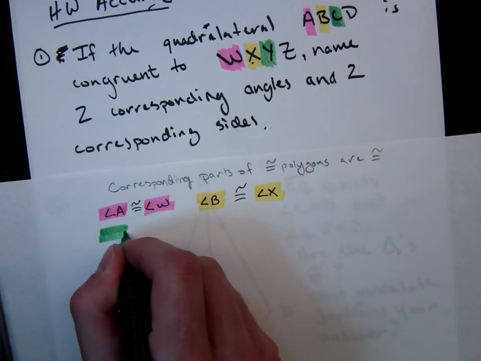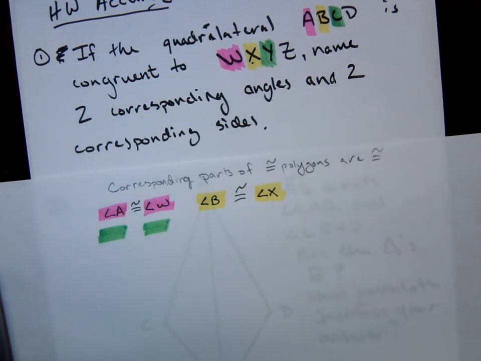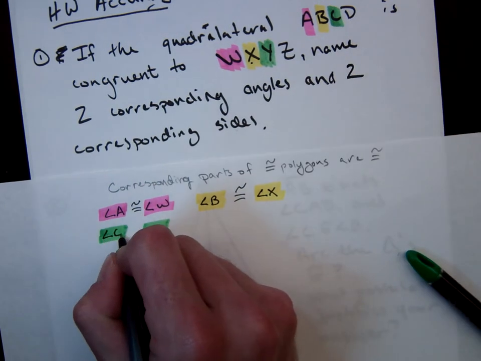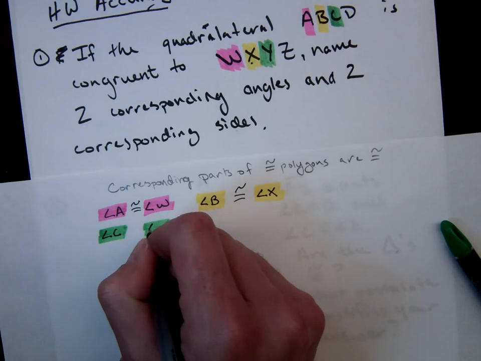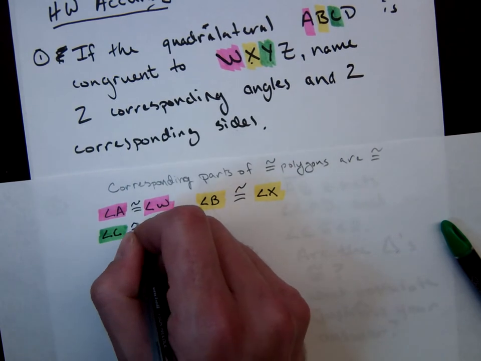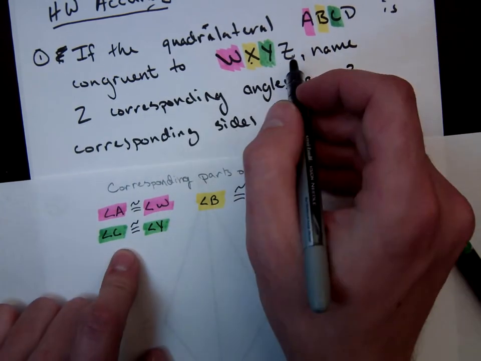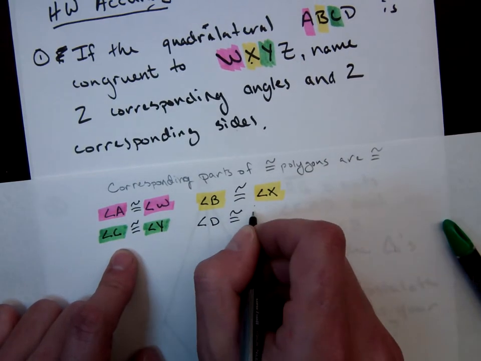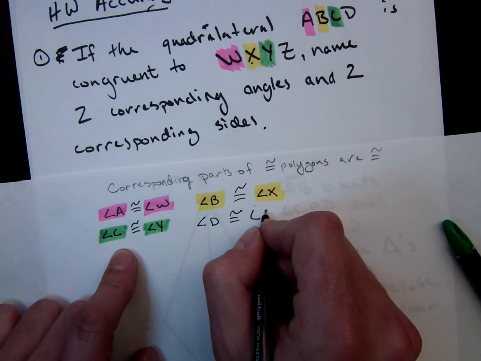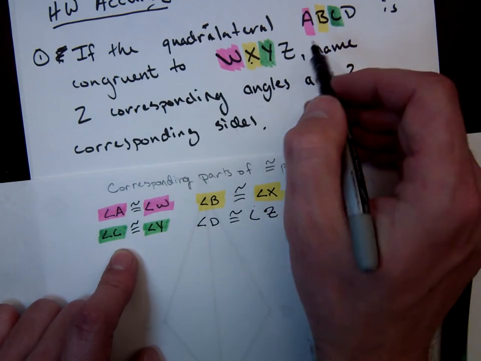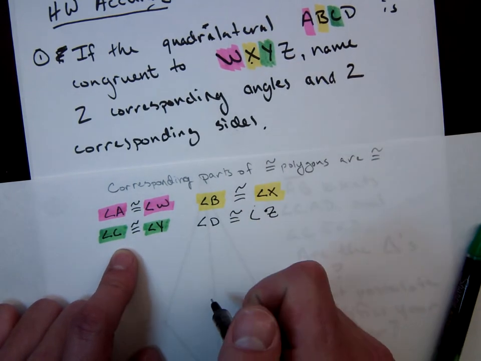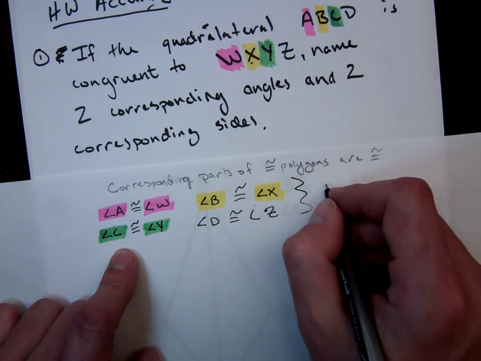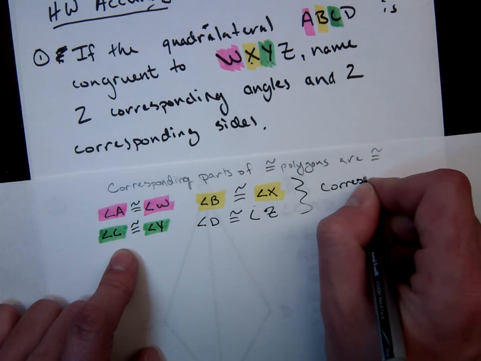Moving on to our green corresponding angles, we have that angle C is congruent to angle Y. And lastly, we can say that the two non-highlighted angles, angle D and angle Z, are in fact also congruent.